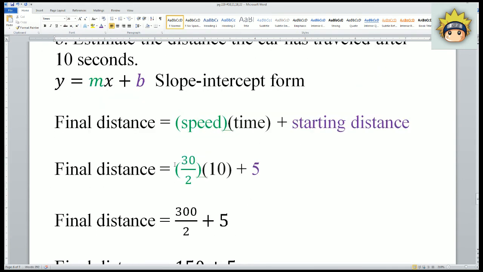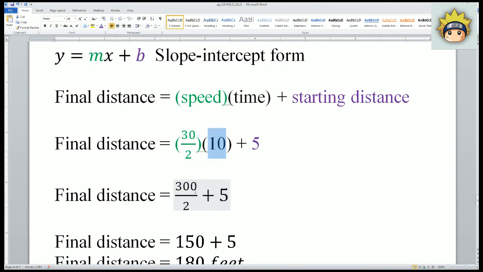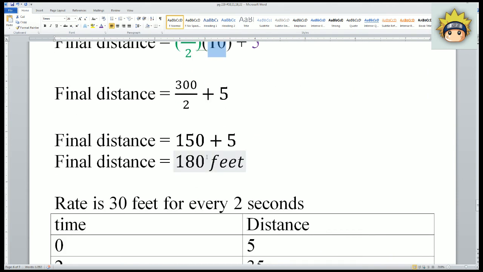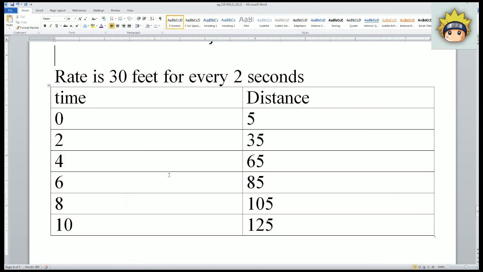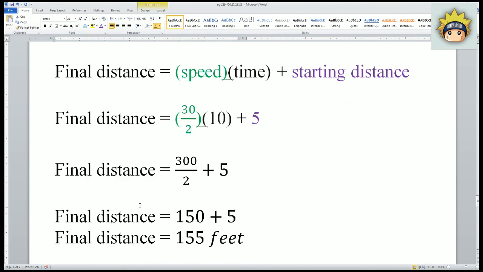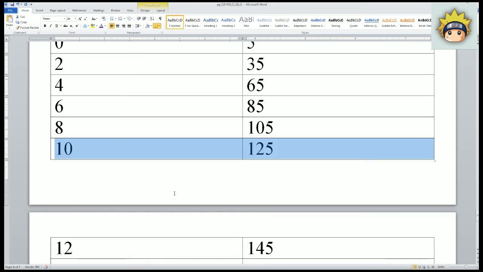So that is what I should do here: 30 over 2, and the time is 10. This doesn't make sense. Hold on. It's going up 30 each time.